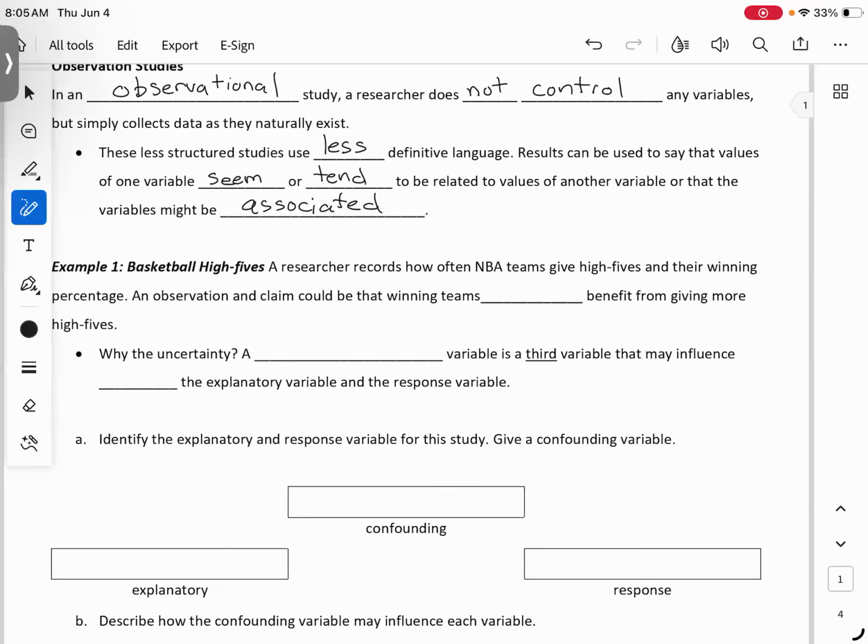Now, to give you an example of an observational study, that's this example here. It's a basketball example, where one of the researchers noticed that whenever the basketball teams were playing, teams that were doing more high fives with each other might have been more often the team that's winning.